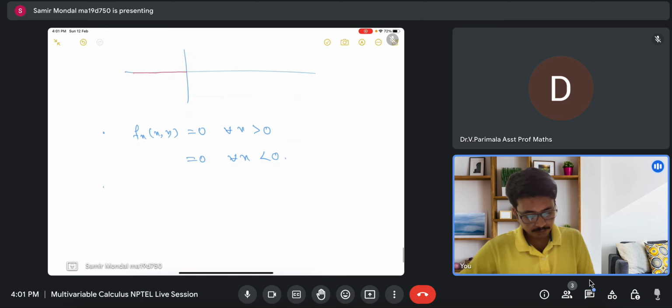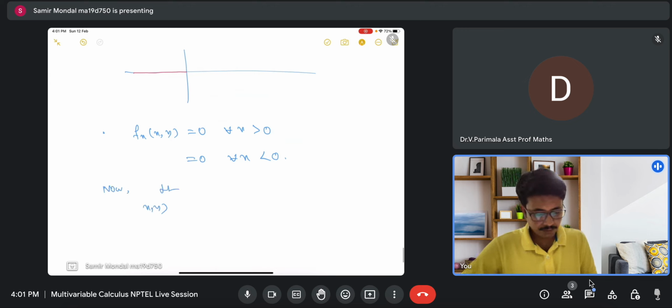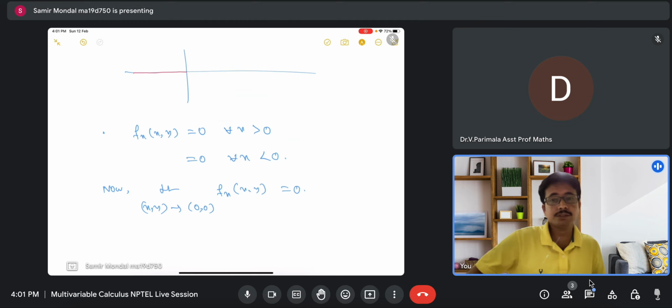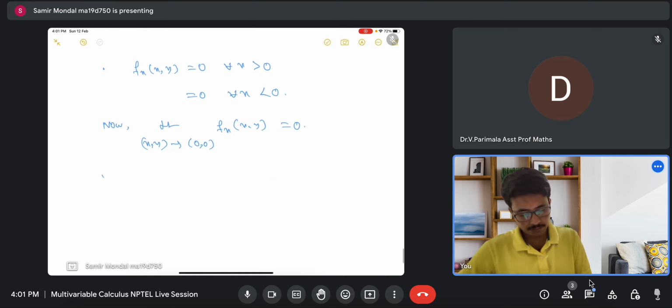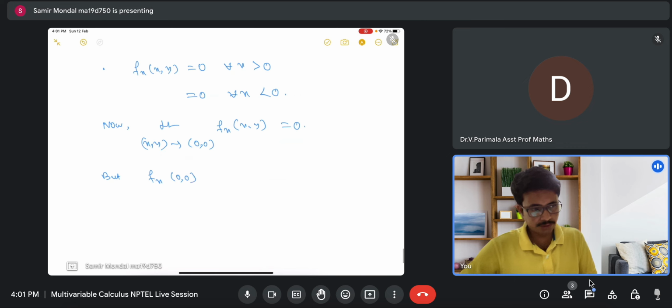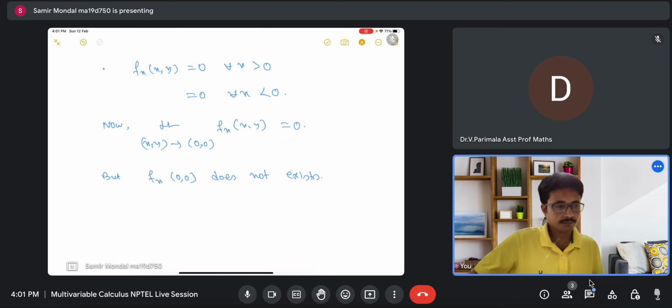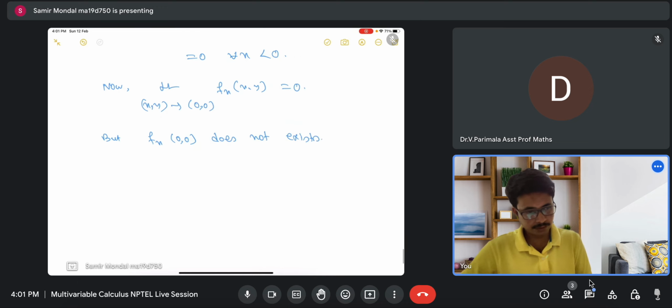So here we can observe that the limit as (x, y) tends to (0, 0) of f of x, y is nothing but 0, but one can observe that f of x at the point (0, 0) does not exist. So how can we see this? What is the reason?